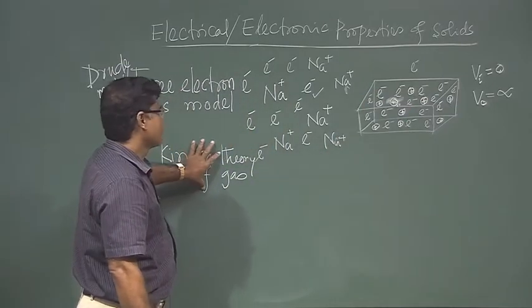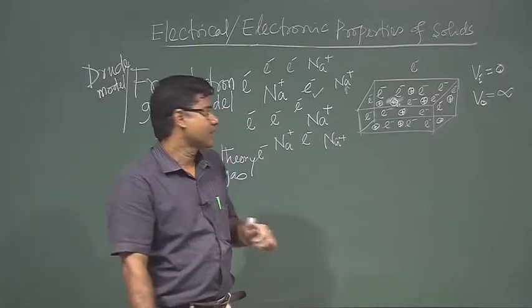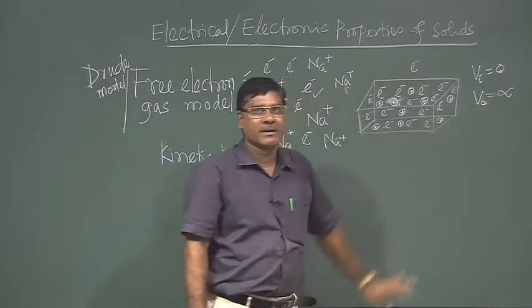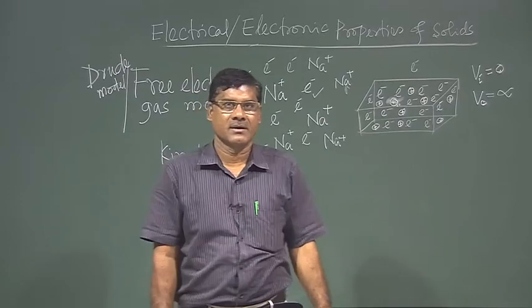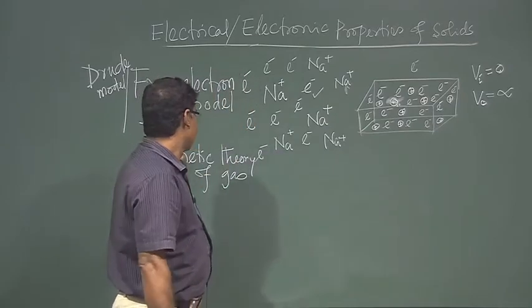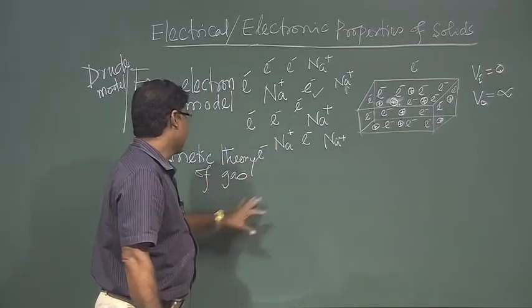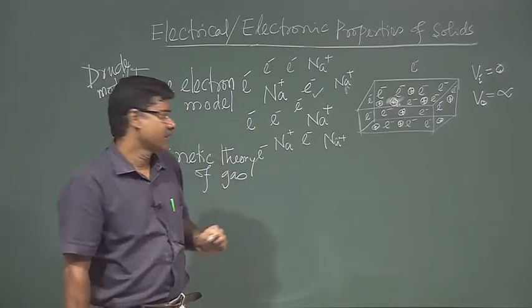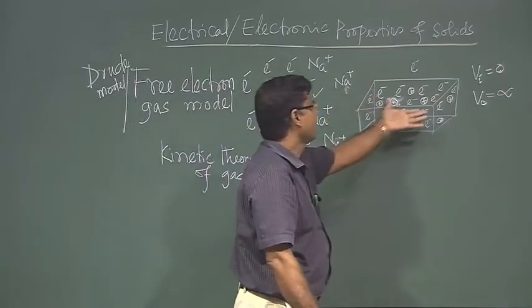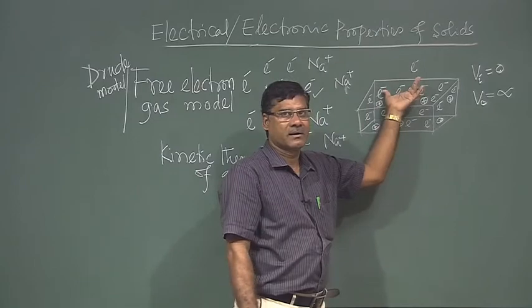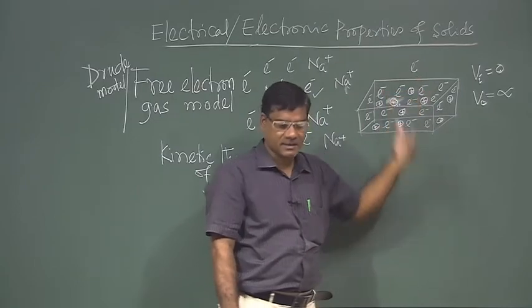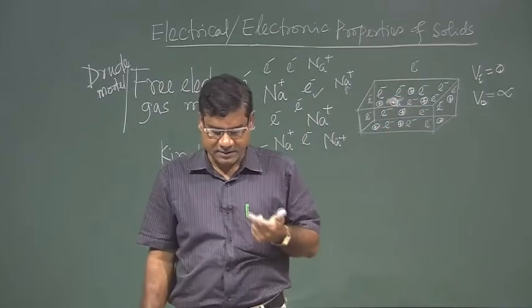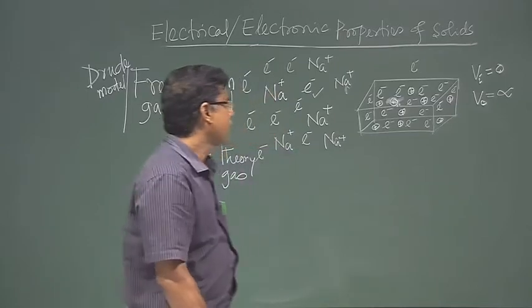It is also an assumption that these free electrons will just behave like a gas. So, whatever theory is applicable for gas will be applicable for this electron gas in case of metal. So, this is also another assumption.